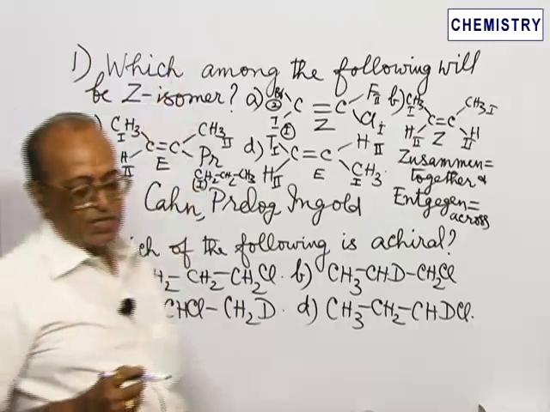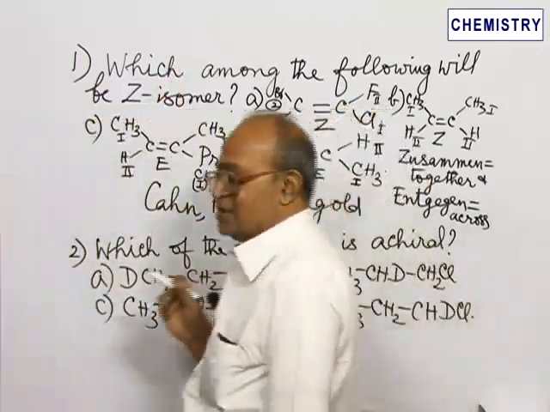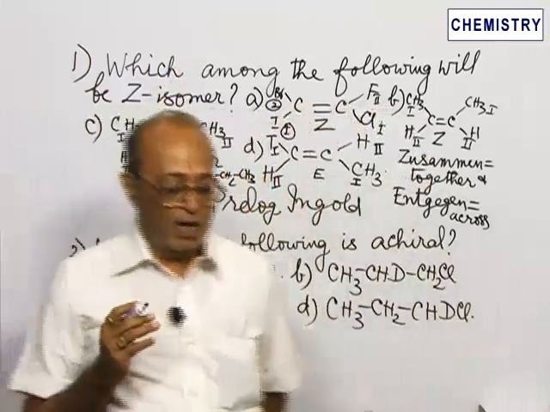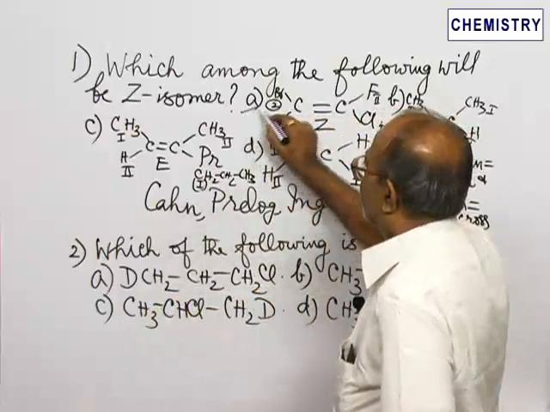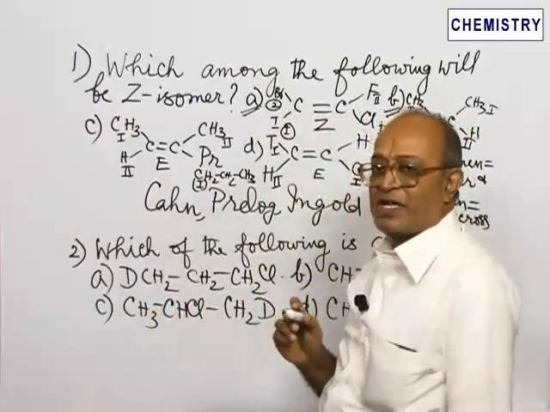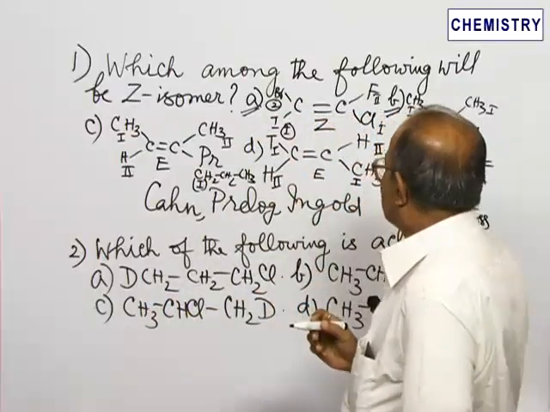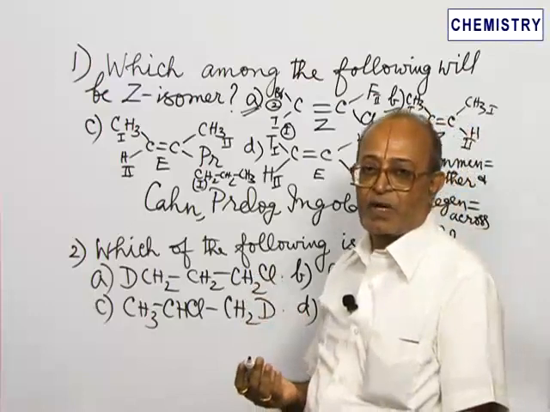The question is, which among the following will be Z isomer? As we have seen just now, A, Z isomer, B, also Z isomer, whereas C and D are E isomers.